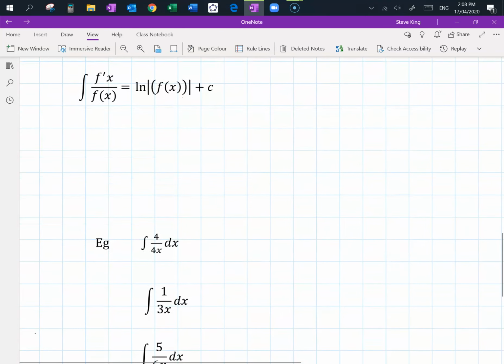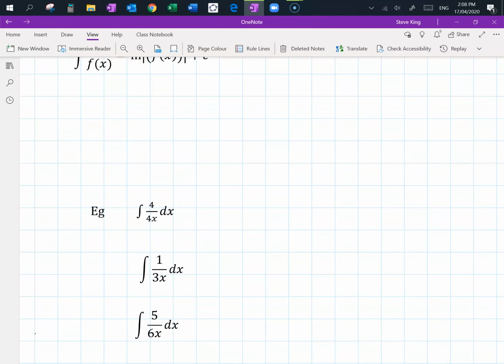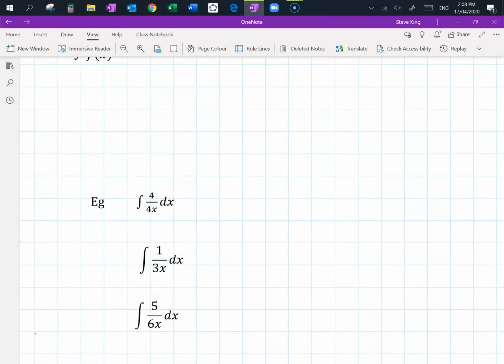So here are some examples that we're going to work through. The integral of 4 over 4x. Well, that's going to simply be the ln of 4x plus c. But I must make sure that I put an absolute value sign in front of that. The integral of 1 over 3x dx.